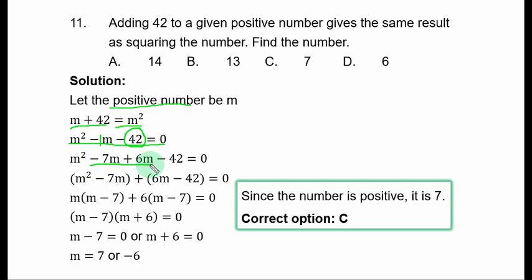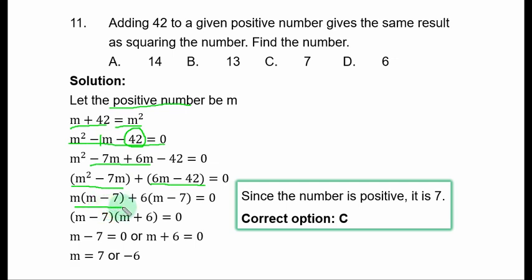So you express the factors in terms of m and replace the middle term with them in this manner. The purpose is to have 4 terms so that you factorize by grouping. The first 2 terms, take the first group. The last 2 terms, take the second group. From the first group, you factor out m, and you are left with m minus 7.